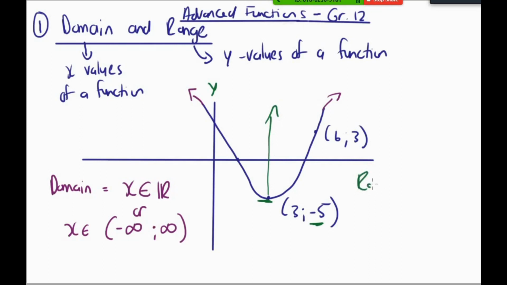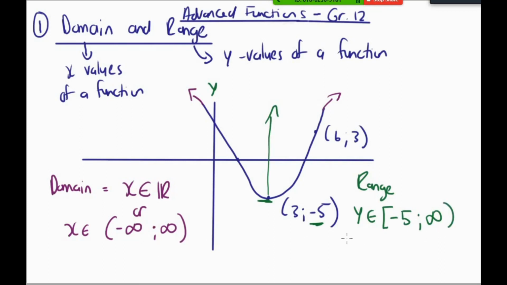So in this case, your range, there's two ways to write it, by the way, is y is an element of, and in this case it includes -5, so it's going to be a square bracket. But we're always going from the lowest to the highest, so we'll start with -5 and then go to infinity. So it basically includes infinity as well.